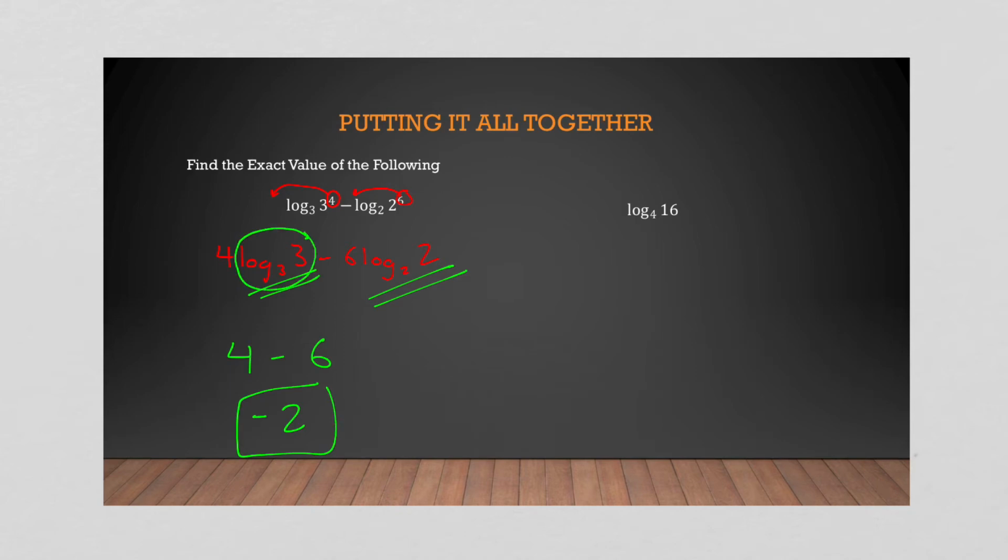So you can see that's why that is a super handy rule. Log to the same base as its object is just equal to 1. So essentially we cancel it out. And now let's look at log base 4 of 16. Well, if you can get the same object as you have base, then you can simplify this quite nicely. And 16 is 4 squared, and then we can bring the 2 down.